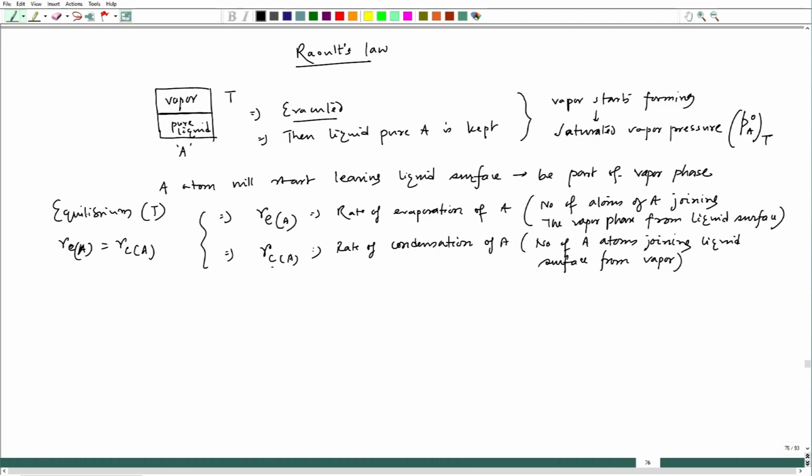Now, if I look at this R E, the rate will be a function of the activation barrier, E star, which is the activation barrier for the atoms to leave the liquid surface and join the vapor phase, and the temperature. Okay. That will be the deciding factor.